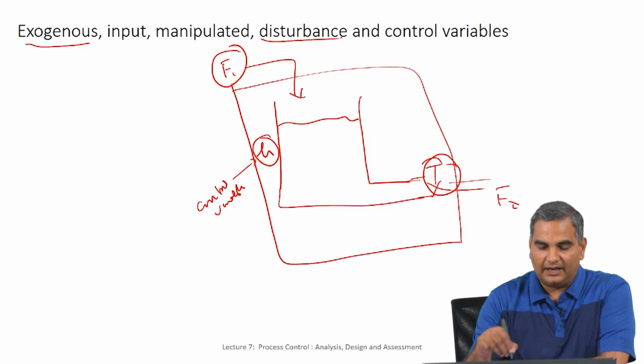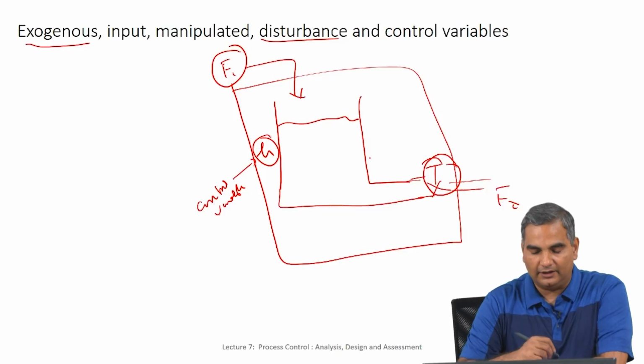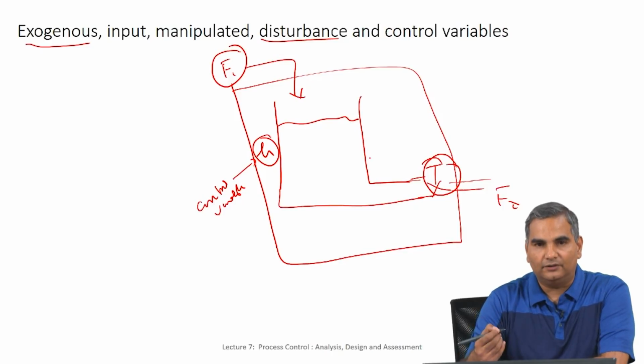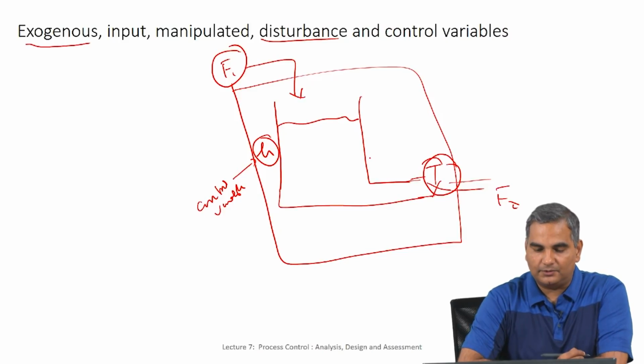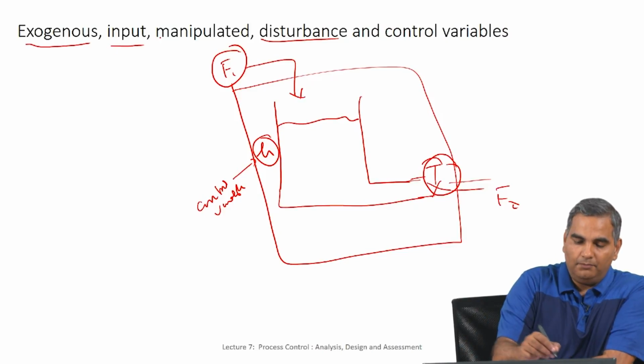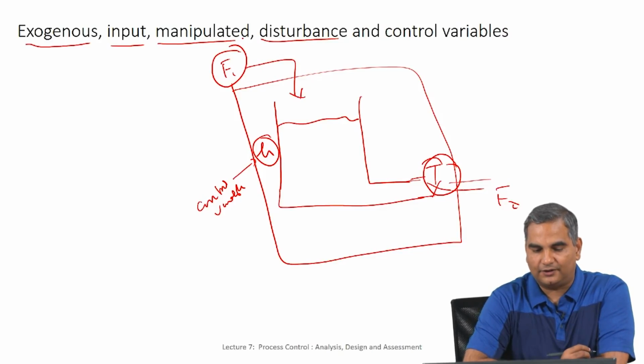These are variables which again have an effect on the process, but we are not able to control them to any degree. So, we have to simply live with those and then still make sure the controller works when we have this disturbance.